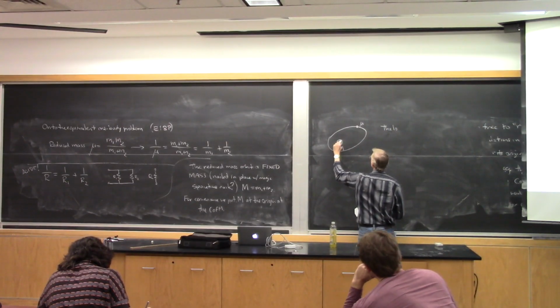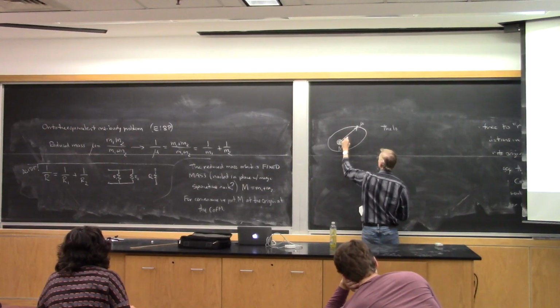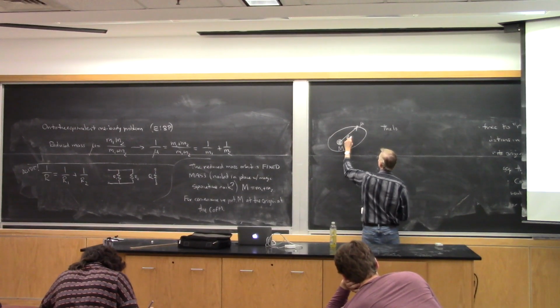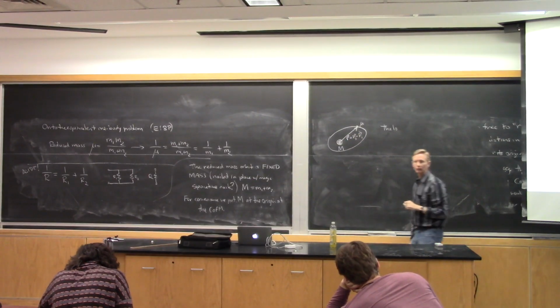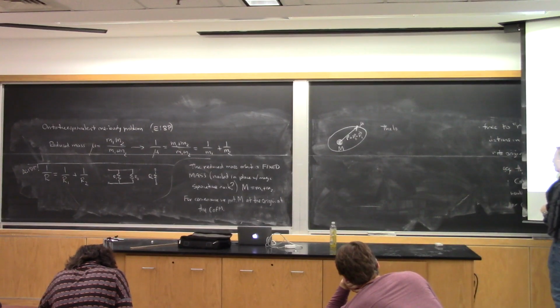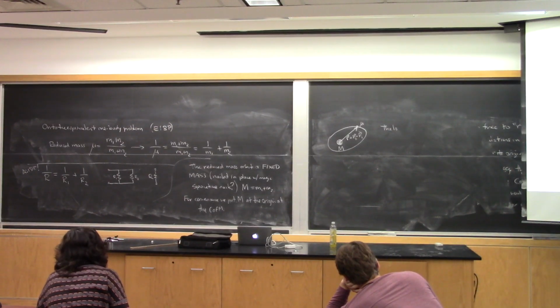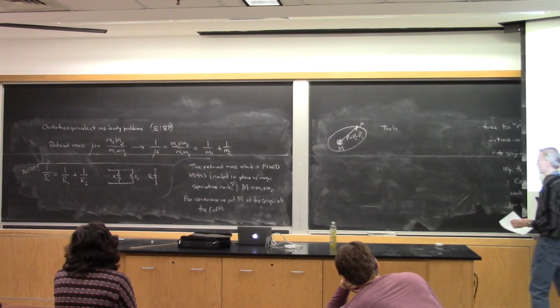And so that vector right there, R, is in the real system R2 minus R1, the displacement vector of M2 relative to M1. So mu is located with respect to M the same way little m2 is located with respect to M1.